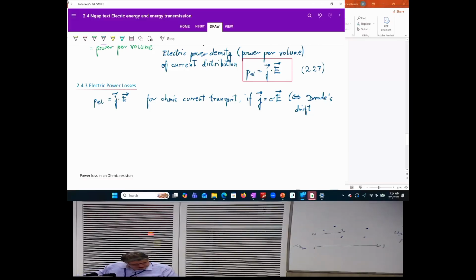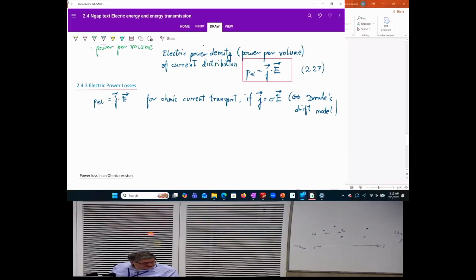This is the Drude model, the Drude drift model. So now let's assume that we have a current transport according to this drift model, where we have these intermittent collisions.